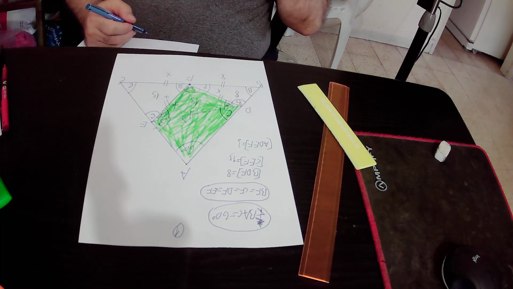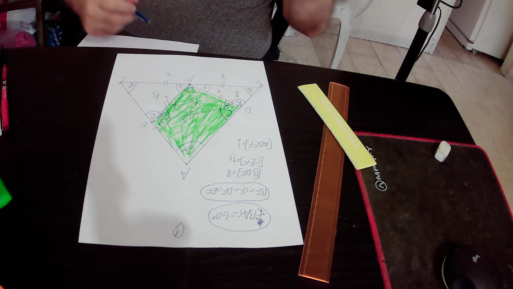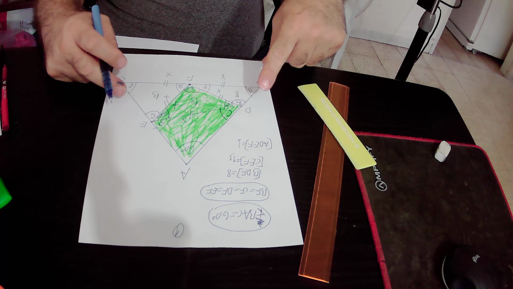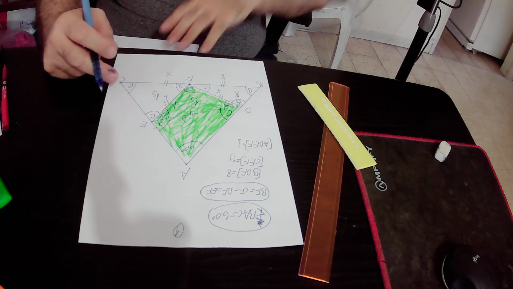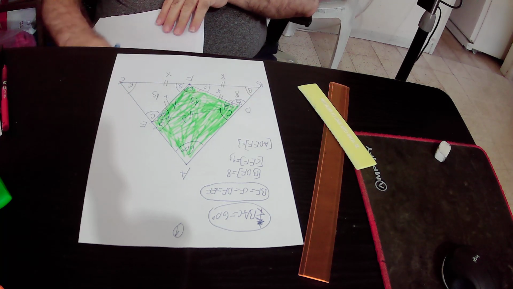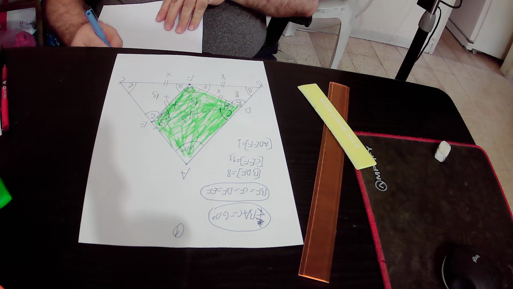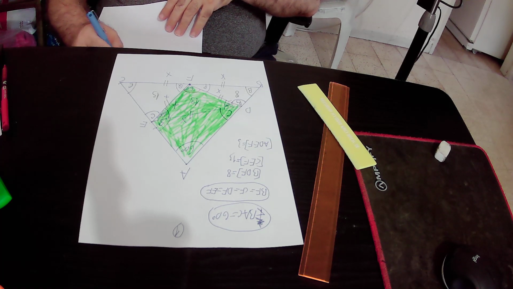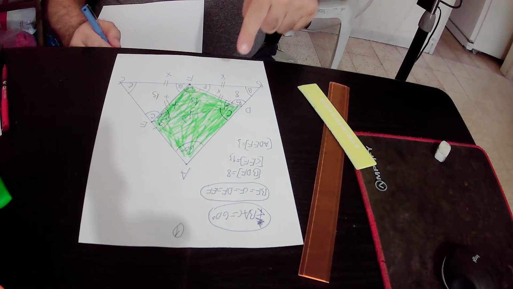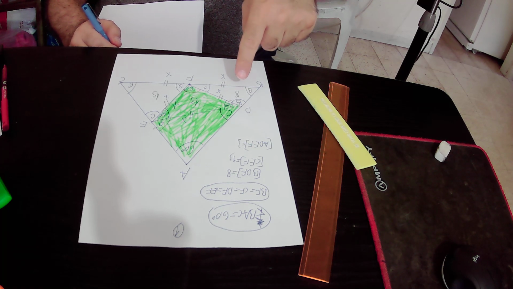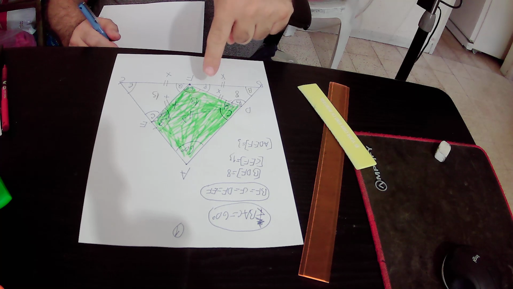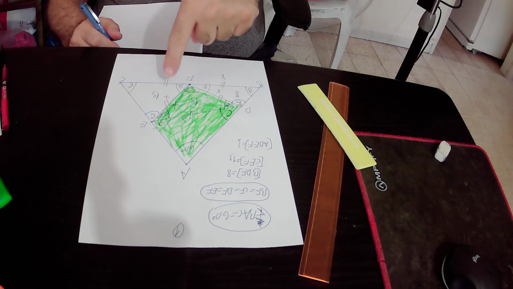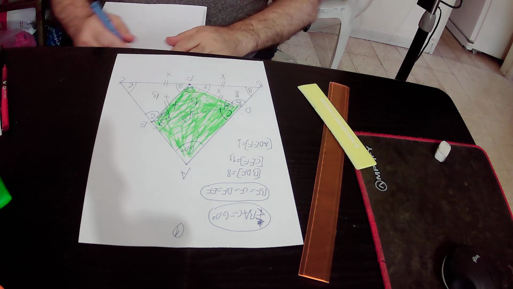So the area of the quadrilateral BDEC will be equal to the sum of the areas of those three triangles: the area of triangle BDF plus the area of triangle DFE plus the area of triangle FEC.